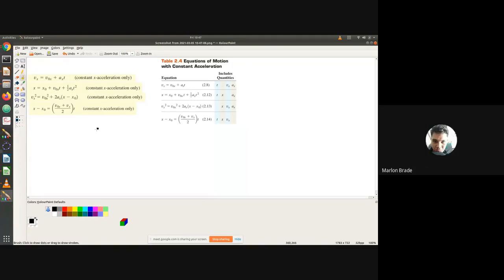Okay, so let's discuss. Suppose this is our x-axis. This is the point x naught, and this is the point x.